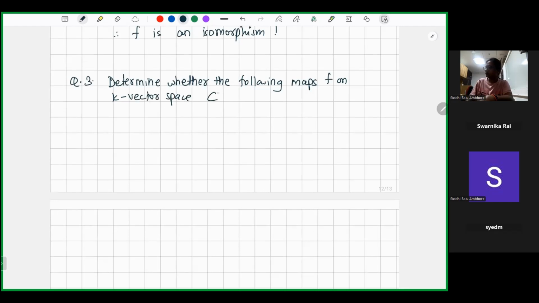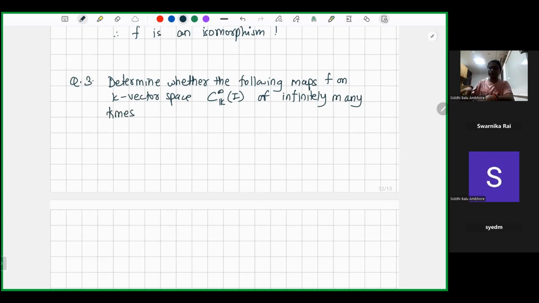I'm just doing this because I wanted to specify what exactly this f is, I mean the way this f is defined, I wanted to clarify this because it looks different than what it is.